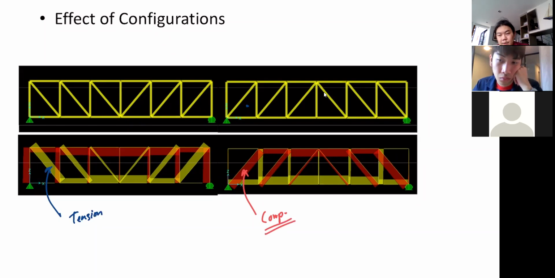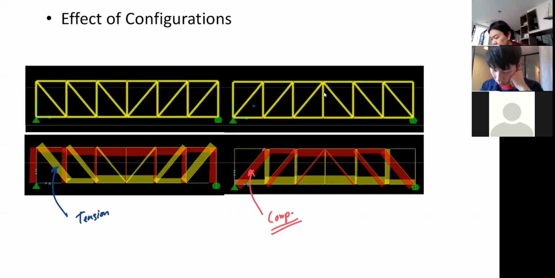And when this is under compression, what do you think is going to happen? If you can recall, you should have had a short lesson about the long column in your mechanics of materials, right? So the longer the member, the less compression it can probably carry because of the buckling problem. So this configuration on the right has the longer member, because you can see the diagonal member is always longer than the vertical one due to the distance, right?